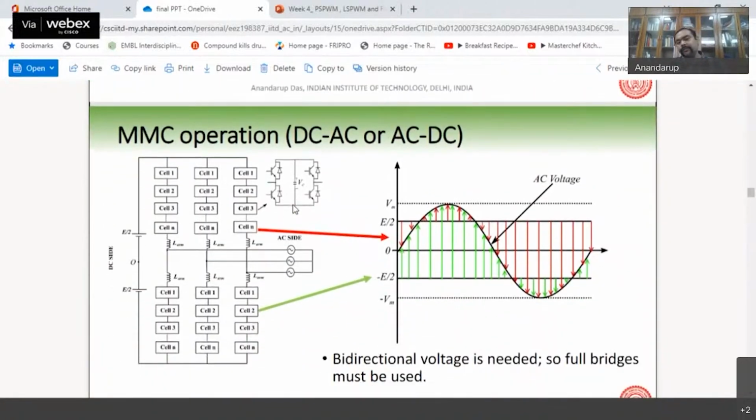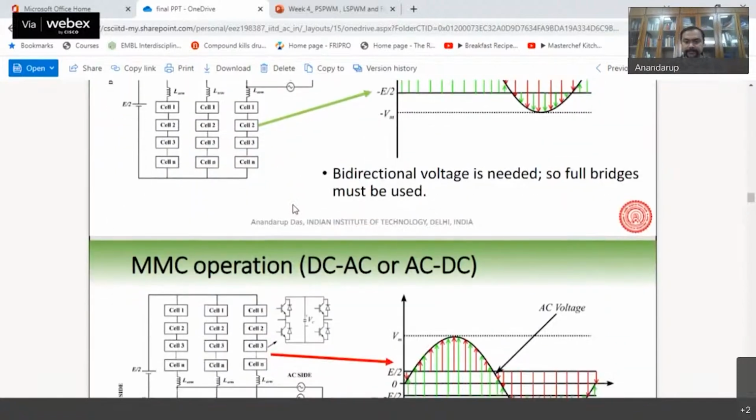If the DC bus voltage is less than the peak of the AC voltage, then the operation can still be done, but then we will need bidirectional voltage. This is achieved by using full bridge cells instead of half bridge.